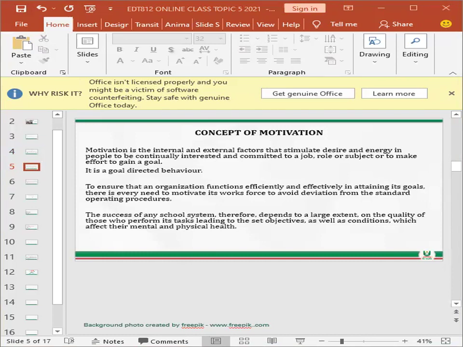So motivation is a goal-directed behavior.